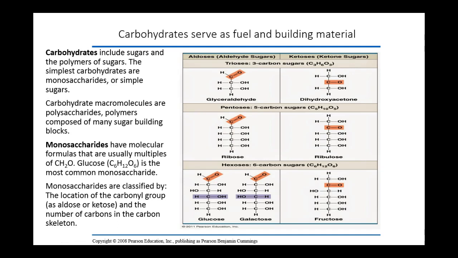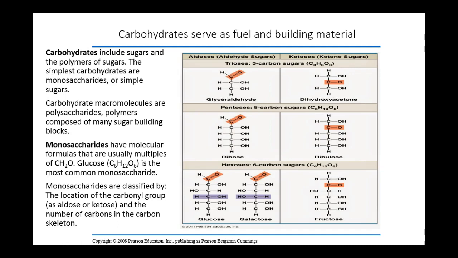The classification of monosaccharides are by specifically the location of what's known as the carbonyl group, and also the number of carbons in the skeleton. And that's what this image is. If you look over to the right, you have a 3-carbon sugar at the top, and you're looking at the C, the double bond of C to oxygen.